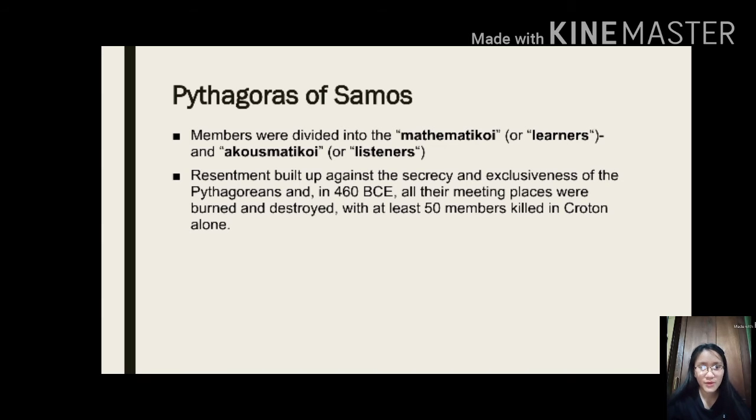Pythagoreanism members were divided into two: the mathematikoi, or the learners, and the akousmatikoi, or the listeners. The learners focused more on mathematical and scientific work, which Pythagoras himself began, while the listeners focused on the more religious and ritualistic aspects of his teachings.